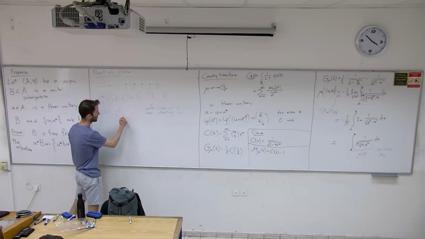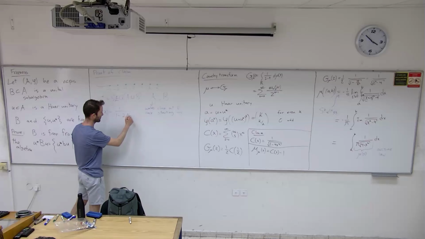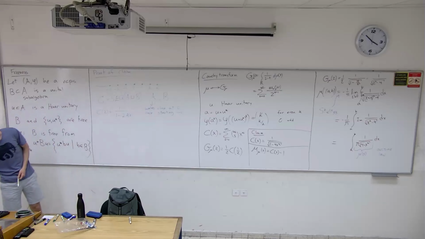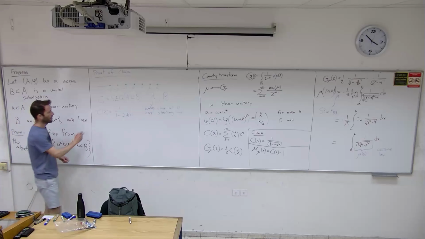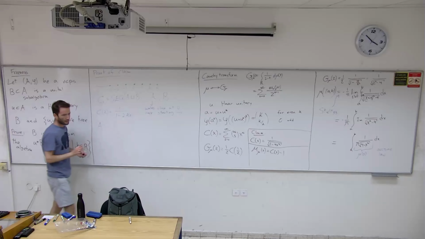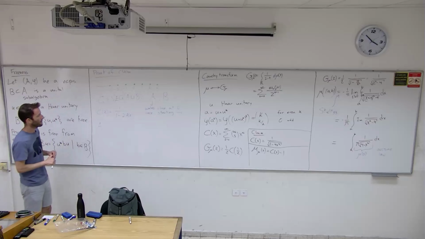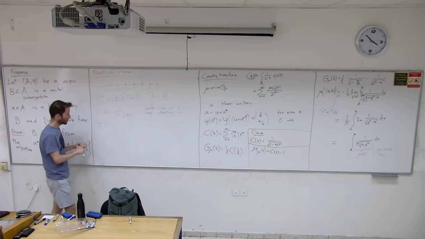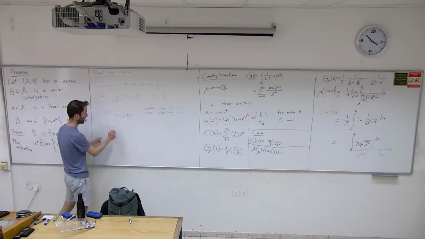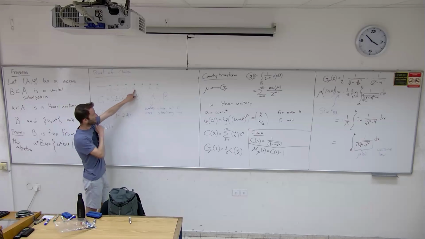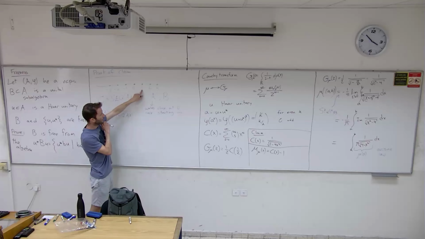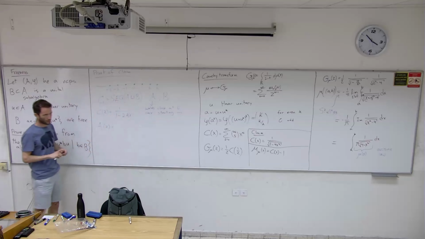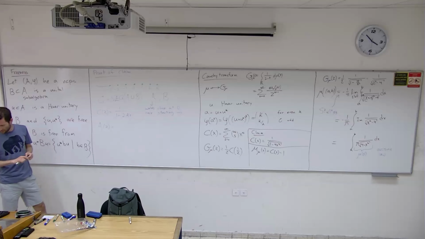So I'll just write down 2 times the generating function of A. And we want to know the generating function of A. I need to start with one step, then do a sequence of A steps, and then go back one step left.